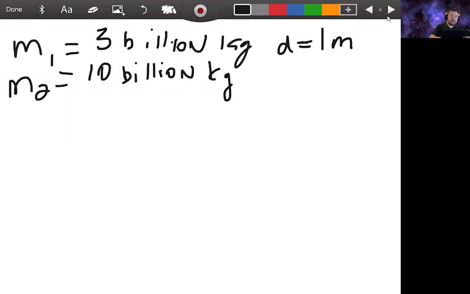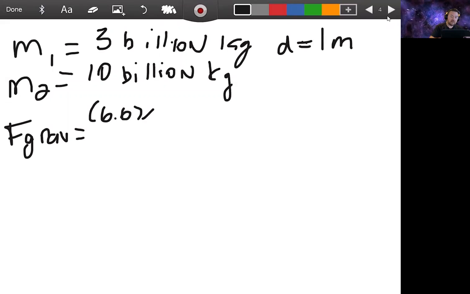So F gravity between the objects is going to be our gravitational constant, 6.67 times 10 to the minus 11. And now I'm going to have these big numbers.